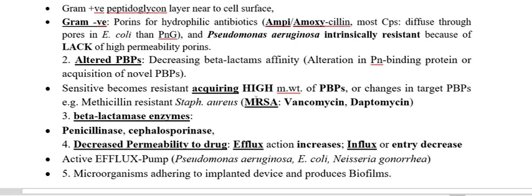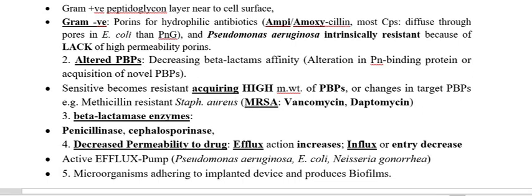One of the most important examples is Staph aureus. Staph aureus develops resistance against methicillin, a drug under the penicillinase-resistant penicillins.